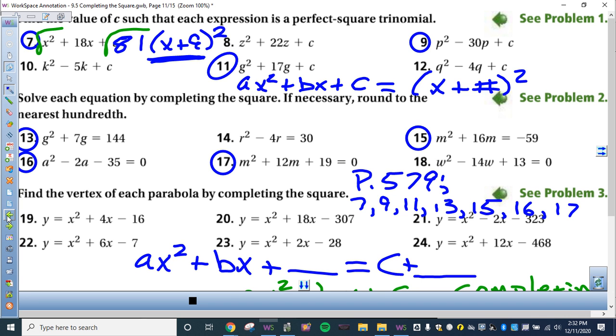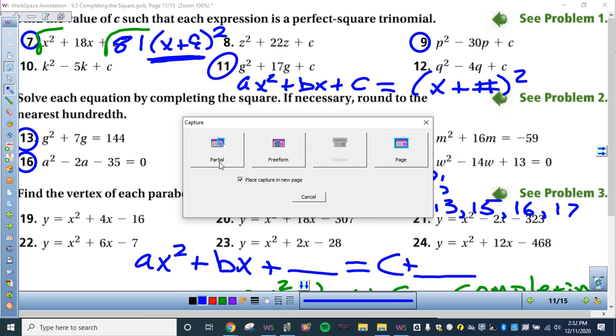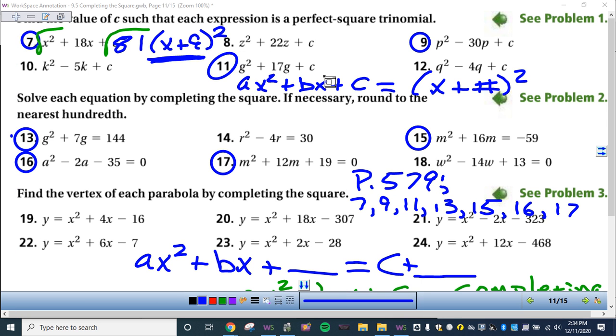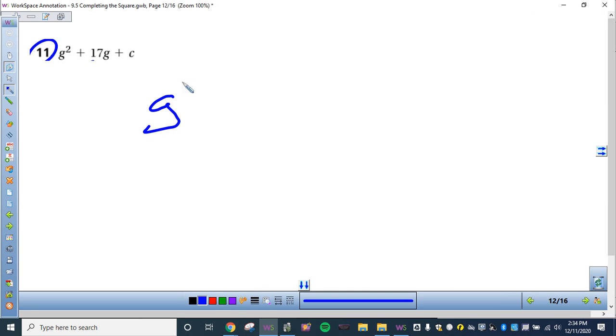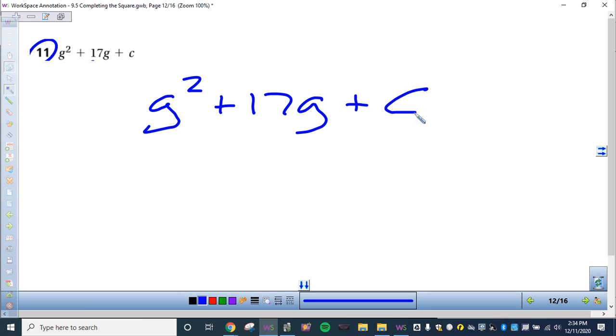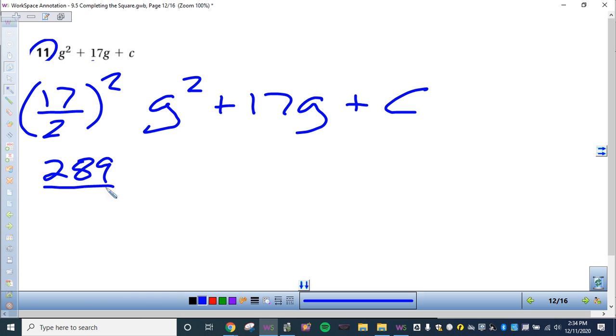Mr. Evans, can you do 11? Yep. So this one's tough because of the odd number. So 17 squared is 289. 2 squared is 4.